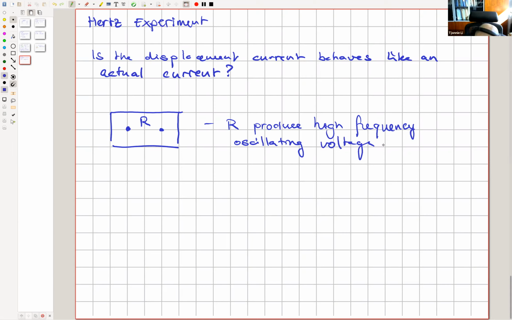Okay. And what we're going to do is hook this up to two plates.